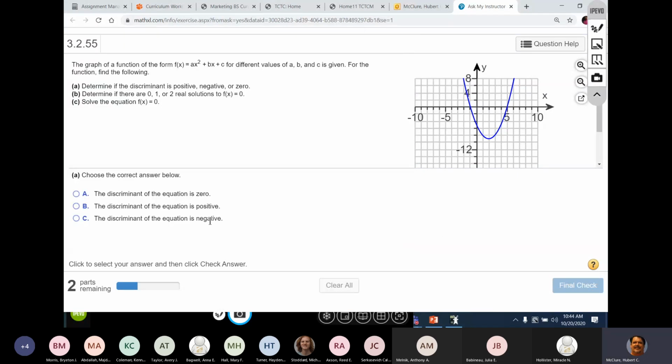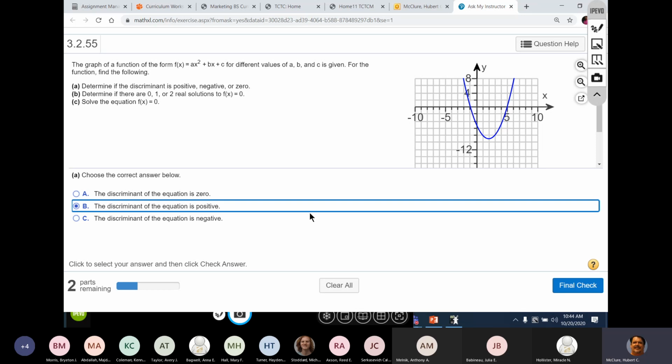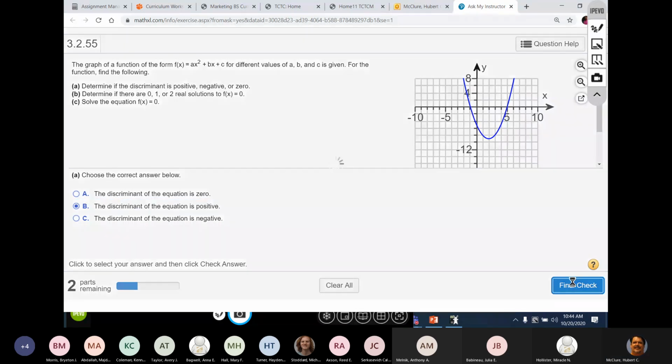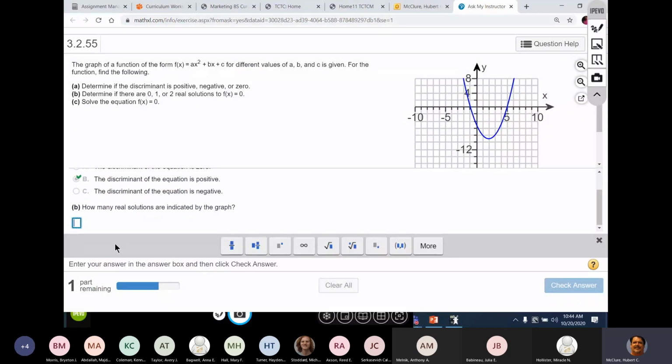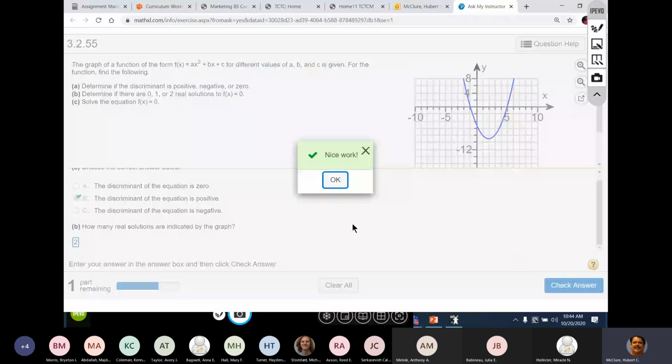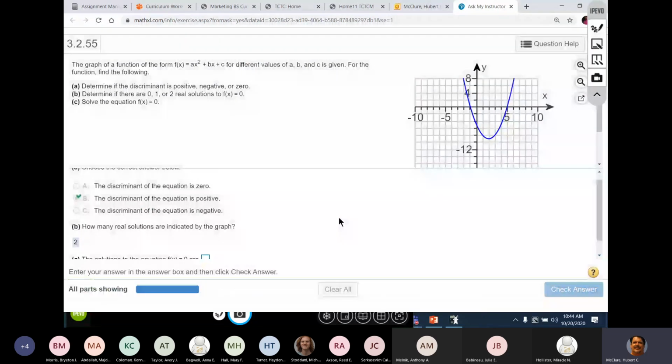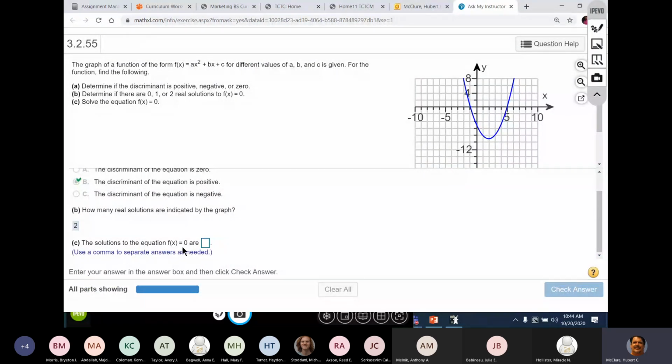Oh, I'm sorry. The discriminant will be positive because you have how many x-intercepts? You have 2 x-intercepts, so that's positive. How many real solutions are indicated by the graph? 2 x-intercepts. The solution f of x is equal to 0.